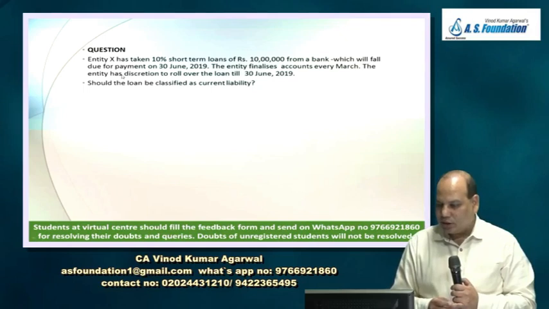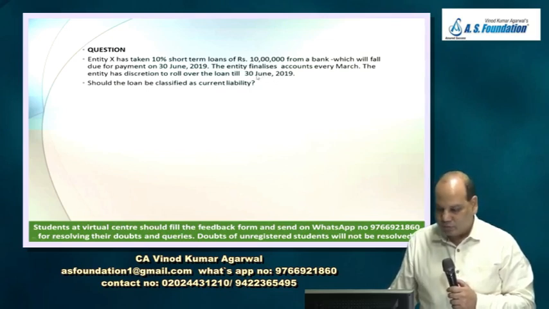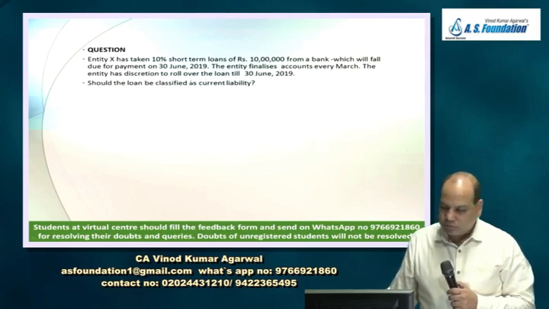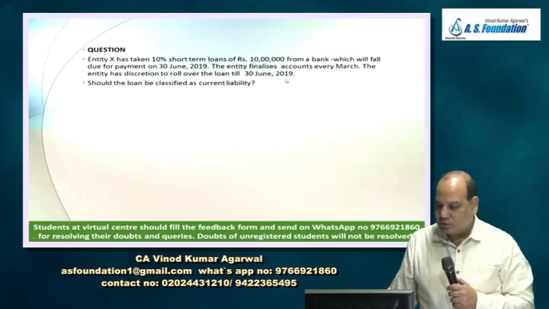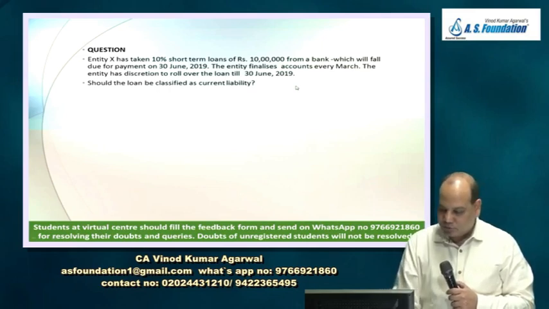The entity has a discretion to roll over the loan till 30th June 2019. Should the loan be classified as a current liability? You can make a small change in the date.